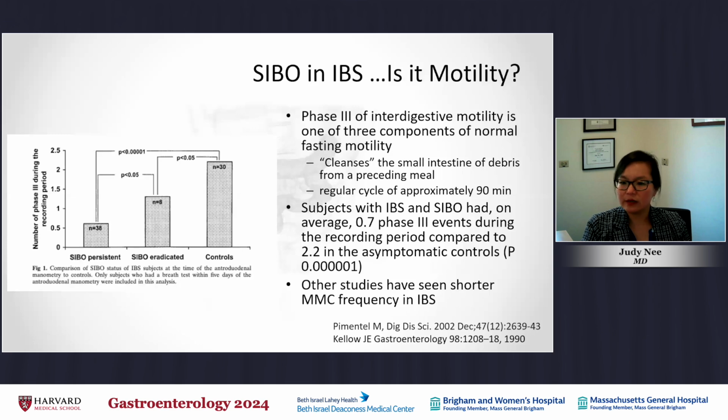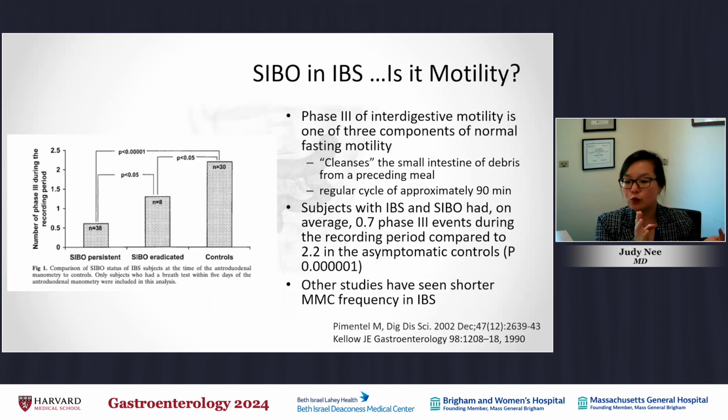Is it motility, right? So multiple studies have been done. This study in particular was looking at phase 3 interdigestive motility, these cleansing movements that happen approximately every 90 minutes in normal patients, or in healthy patients. Subjects with IBS who were also diagnosed with SIBO had fewer of these cleansing phase 3 events, so 0.7 versus 2.2.